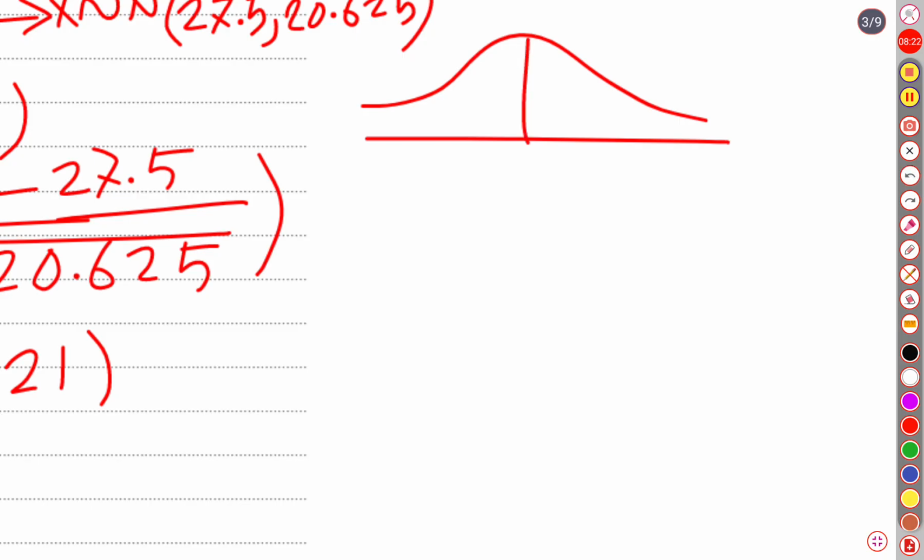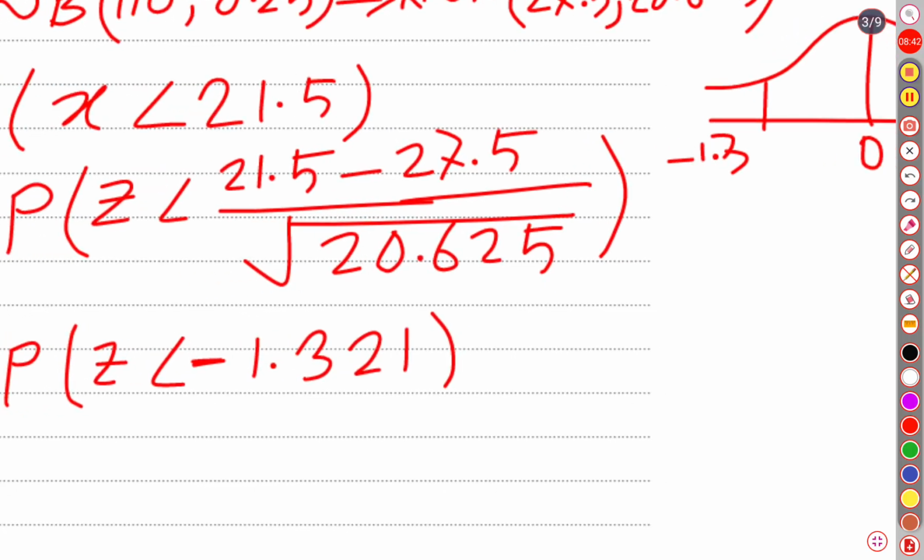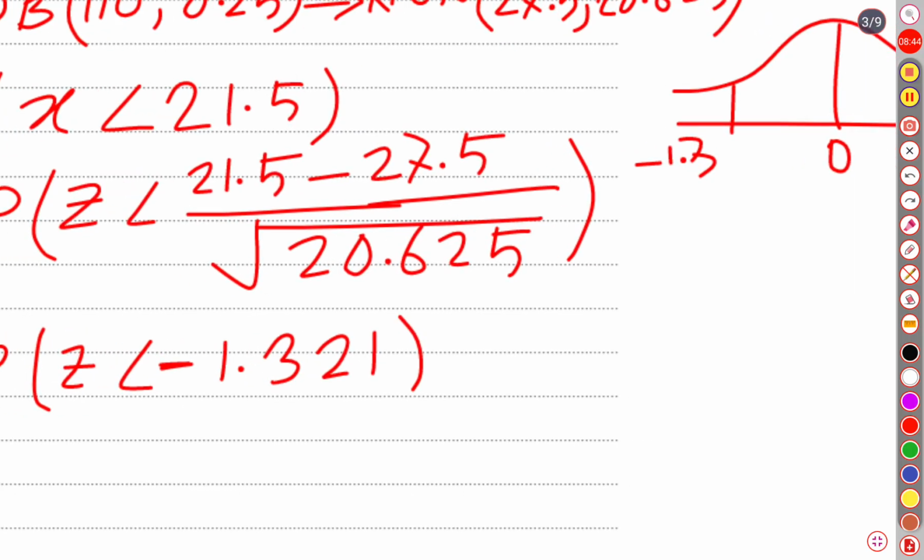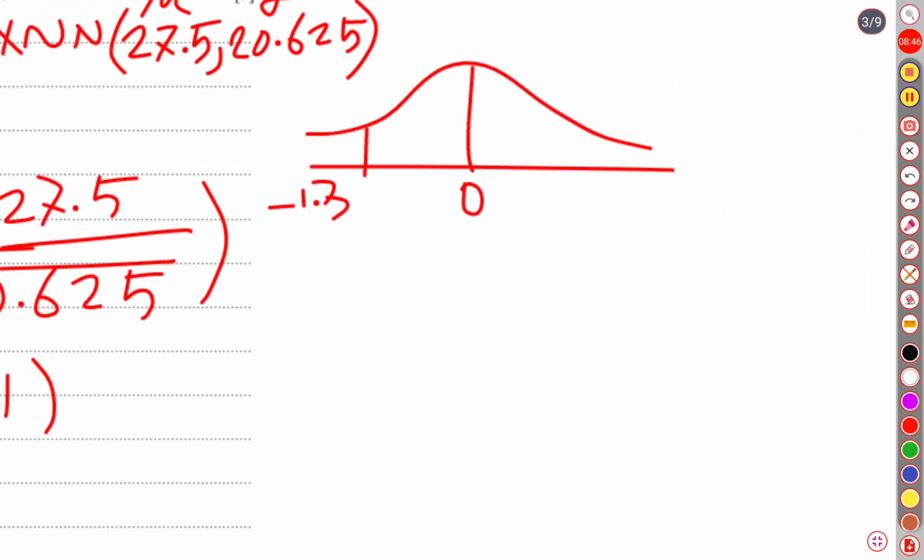Well, and here is the mean score, I mean 0, and our z-score is negative 1.3. As it is negative, it is lying on the left side, and we will find the probability on the left side, less than the z-score. So this is our probability to be obtained.